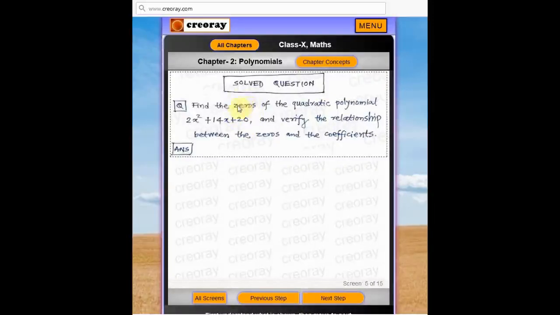Can you find the zeros? Remember that alpha plus beta is minus b by a, and the product alpha beta is c by a, and the second part involves the relationship, that is between alpha plus beta and alpha beta. So let's see the solution.